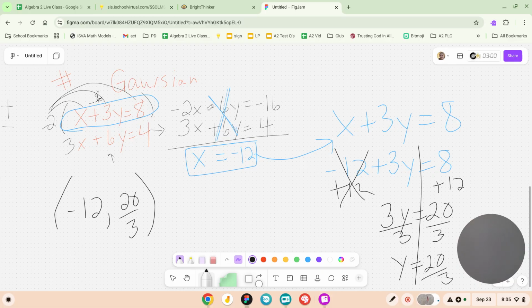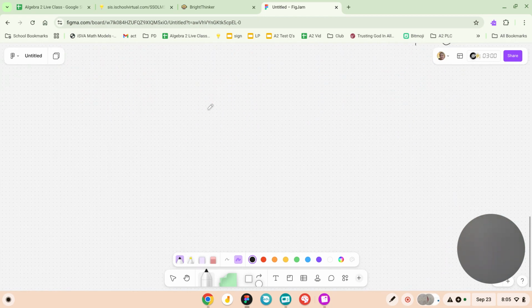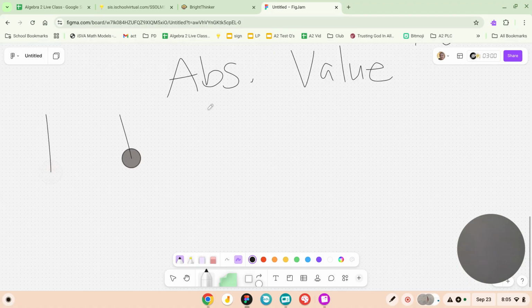But what I am going to do as the very last thing is absolute value. So we spent a lot of time on absolute value. We know that this is our Willy Wonka chocolate machine. Anything that's in here is going to come out positive, because any ingredients we put into our Willy Wonka chocolate machine are going to come out positive.